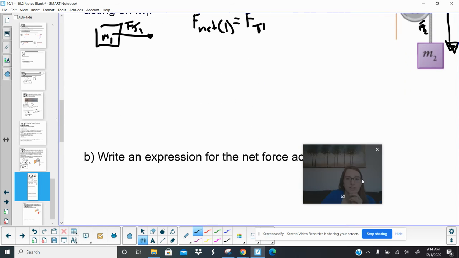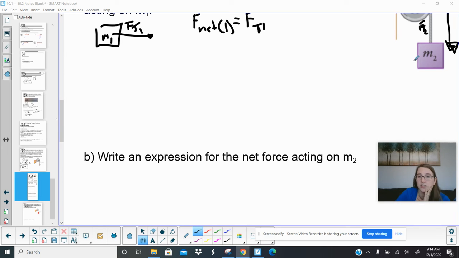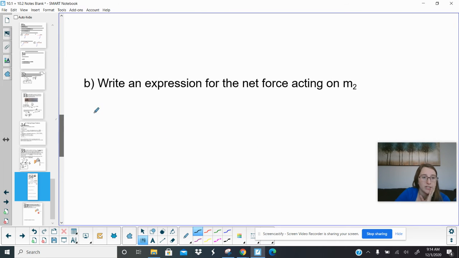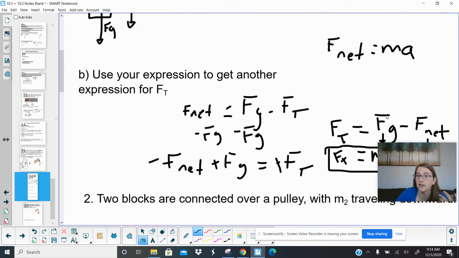So let's go ahead and go down to the next one. Now we're looking at mass 2. We did this before, we just did it. Go ahead and draw an FBD for mass 2, and then write the expression for the net force acting on block 2 in the same way we did up here.